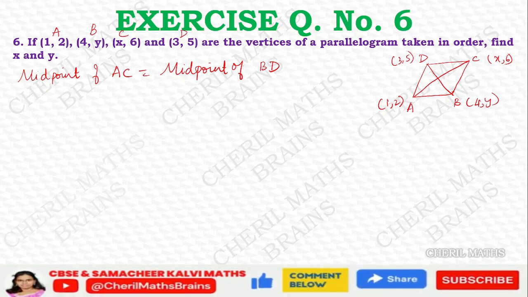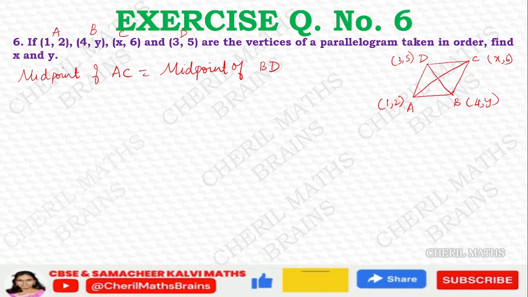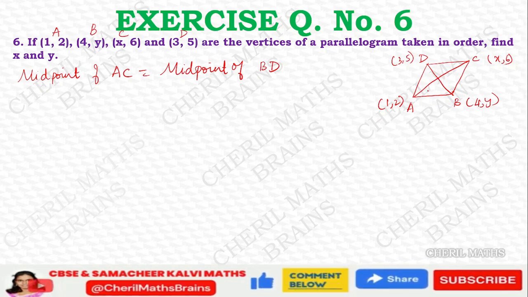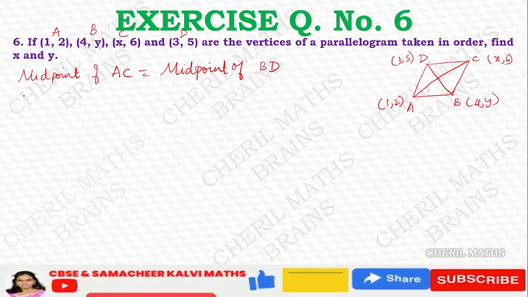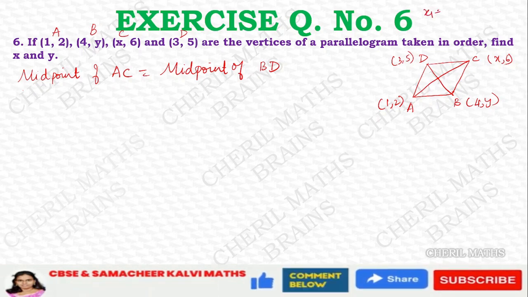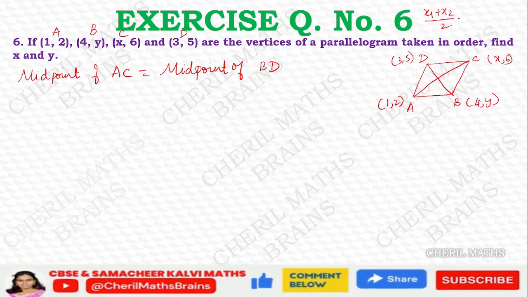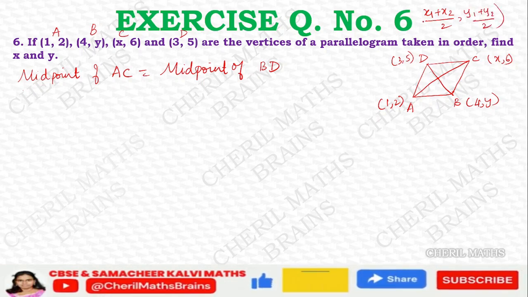Here, for this midpoint, we need to know the midpoint. Once we get the midpoint of both, then we can equate the values and we'll be able to find out. So first we'll find out the midpoint of AC. The midpoint formula is (x1 plus x2)/2, comma (y1 plus y2)/2.